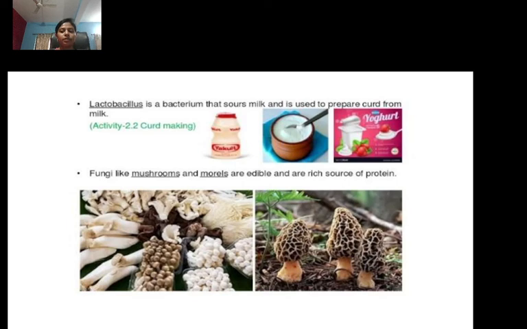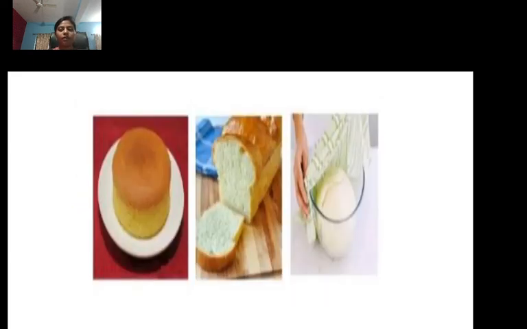Yes, Swati. Microorganisms are used in the food and beverage industry. Fungi, mushrooms and morels are edible and rich sources of food. And dough making using yeast and flour. Very good.